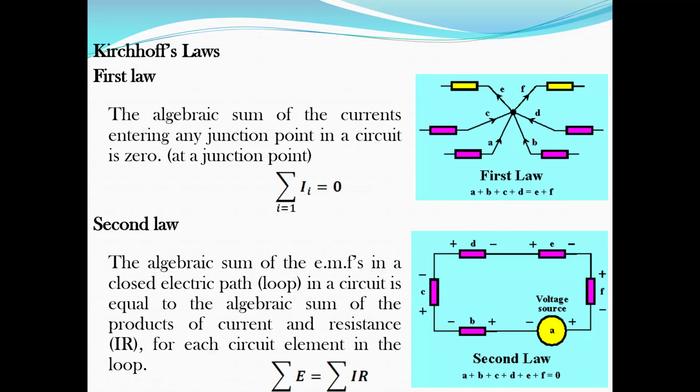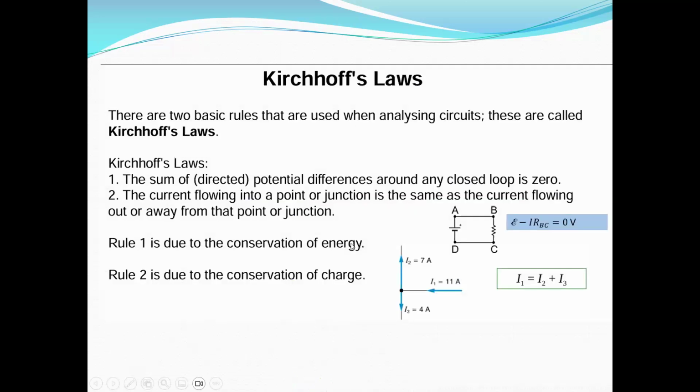Then VA plus VB plus so on should be equal to 0 around the closed loop, right? Taking these two laws, the first law and the second law, we can find the values in circuit diagrams.